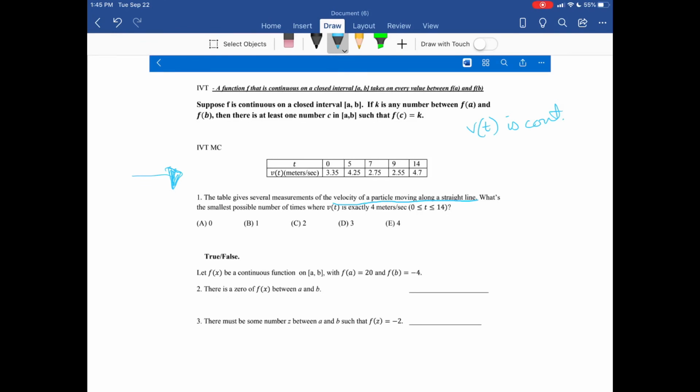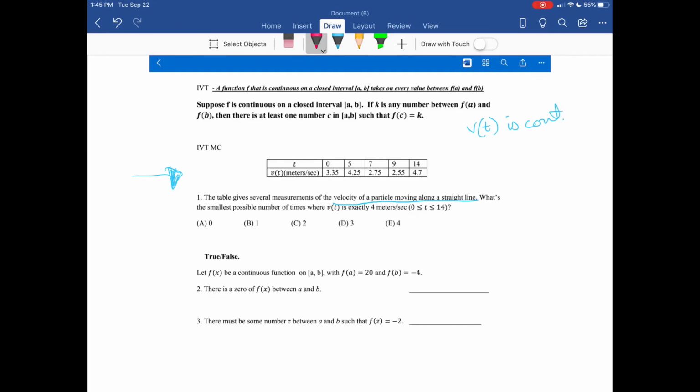So this is asking us, what's the smallest possible number of times where v of t is exactly 4? We can go about doing this one of two ways. I can look at the table, and some of you that are more visual can actually plot this. That's going to be super useful. And maybe after we look at the table, I'll put up what the graph should look like.